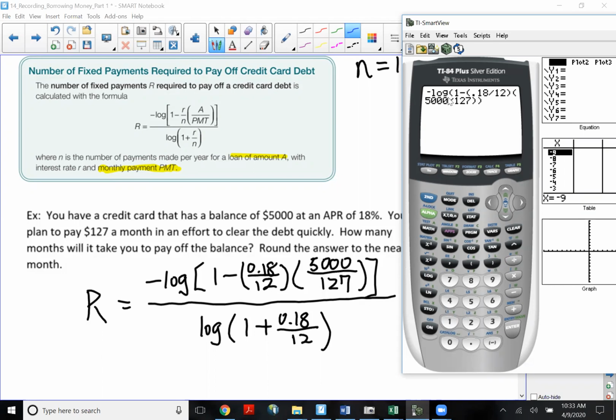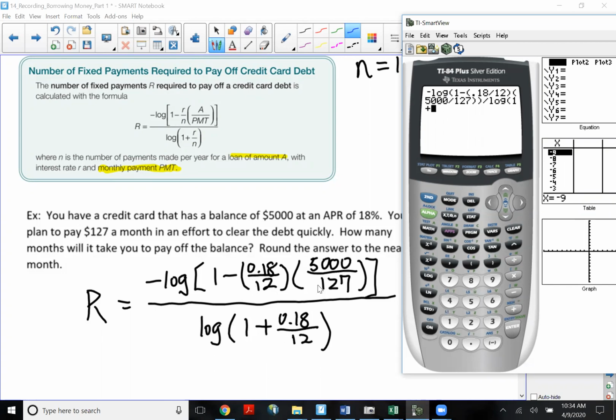The bracket at the beginning was the parenthesis opened when I pressed log. Divided by, I'm going to press the log again. It opens a parenthesis for me, so you're treating it as one term. 1 plus, and inside the parenthesis, according to order of operations, we do division first, then add on to 1. So I don't need an extra parenthesis for the 0.18 divided by 12.